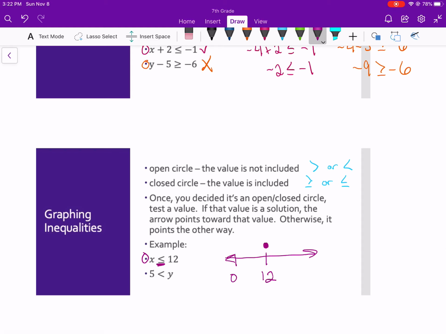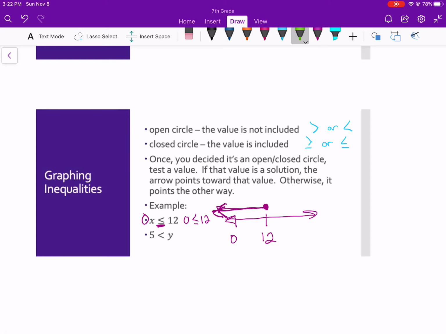And I want to say, is 0 less than or equal to 12? In this case, 0 is, so I want to point toward 0. So that dot and all the numbers to the left of it are the solution set. They are all solutions to that inequality.